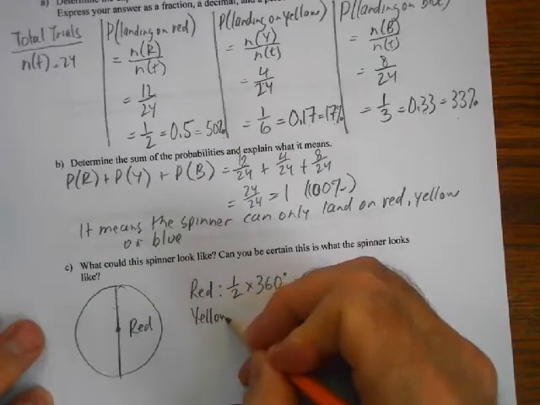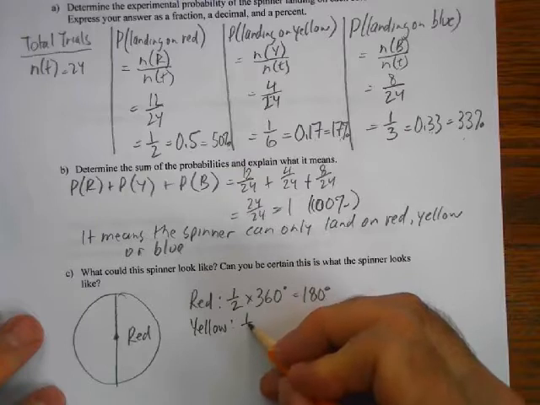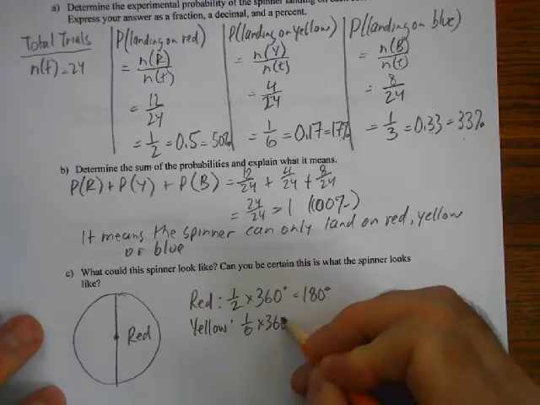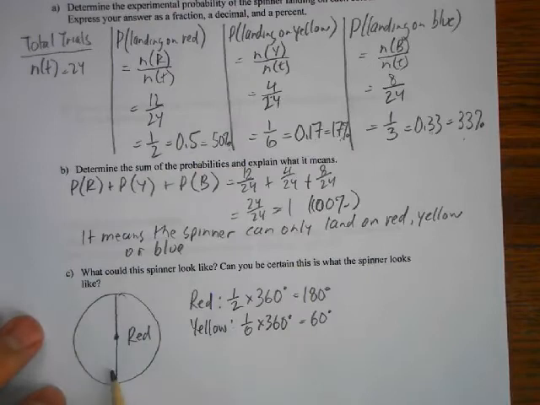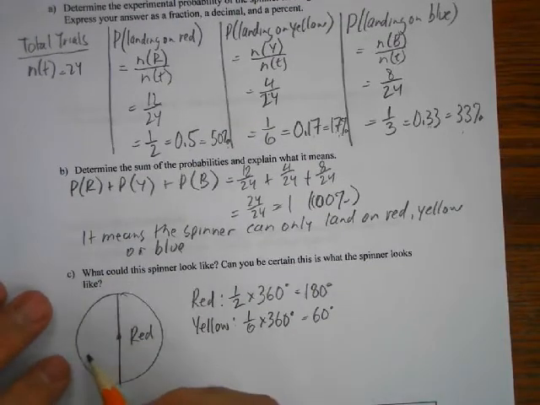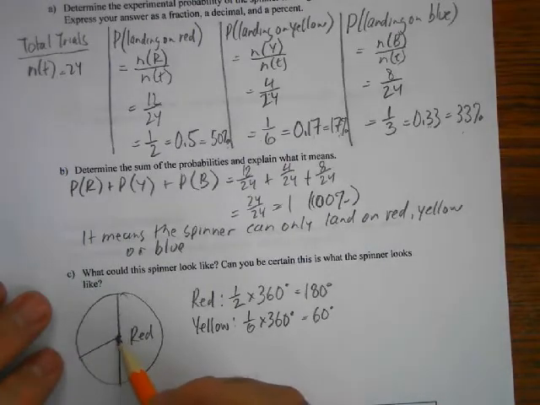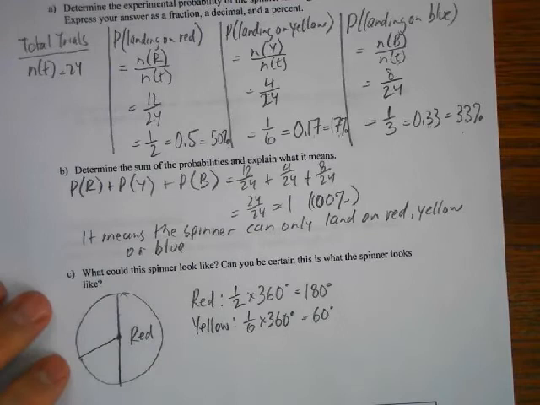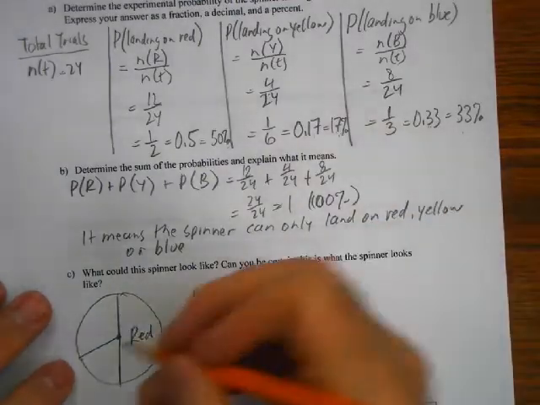Well, we landed on yellow 1/6 of the time, so 1/6 of 360 degrees is 60 degrees. If I keep going from where I left off here, if I measured 60 degrees with my protractor, this might be the only time you use a protractor in high school. So this would be 60 degrees roughly. So this would be yellow.